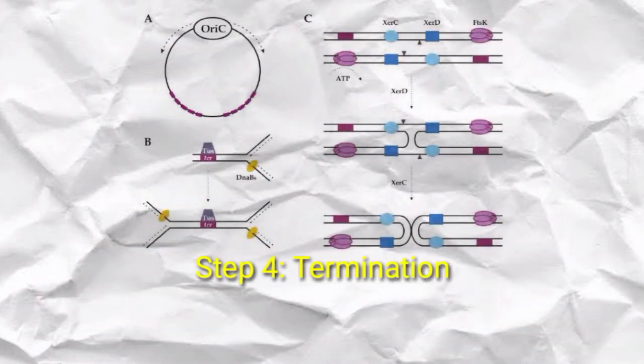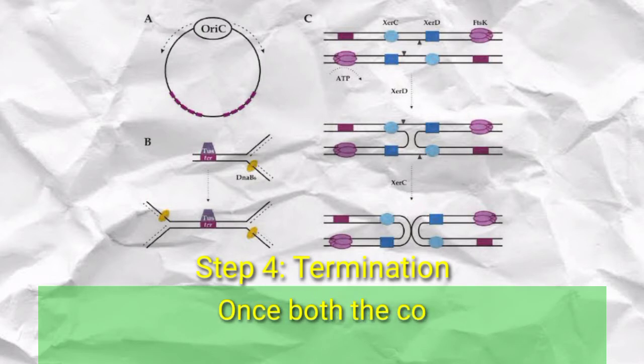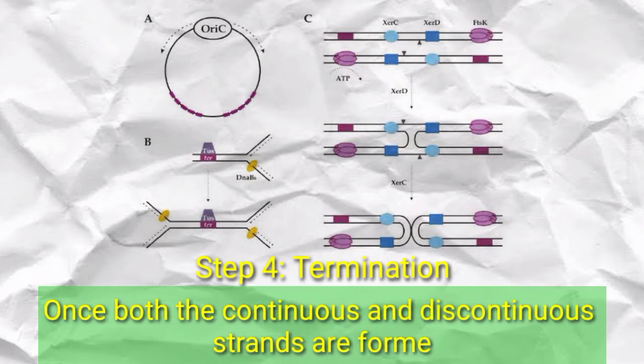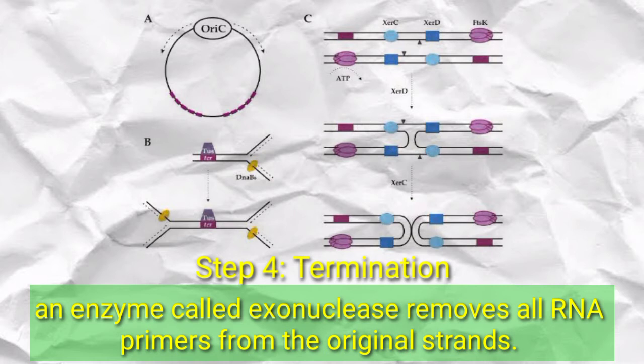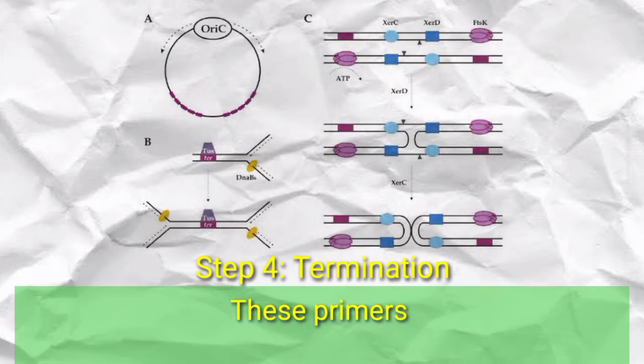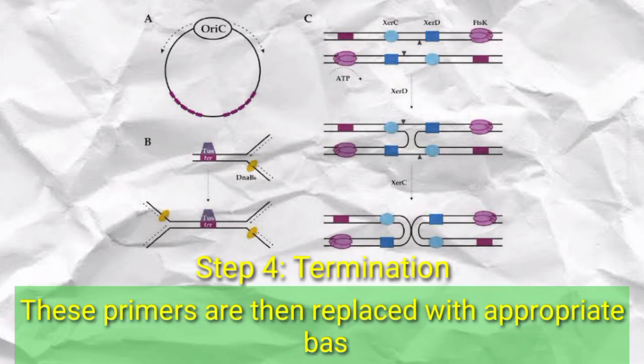Step 4. Termination. Once both the continuous and discontinuous strands are formed, an enzyme called exonuclease removes all RNA primers from the original strands. These primers are then replaced with appropriate bases.